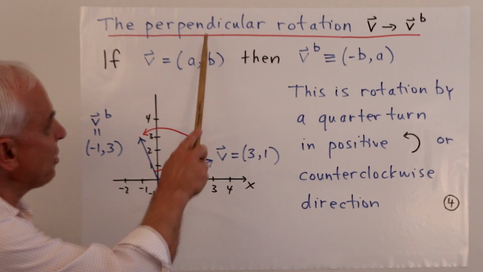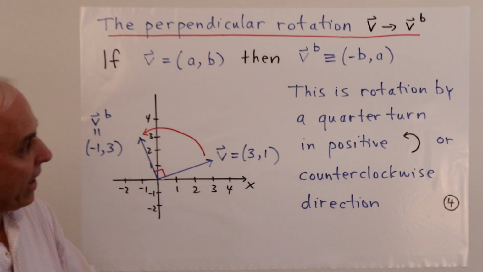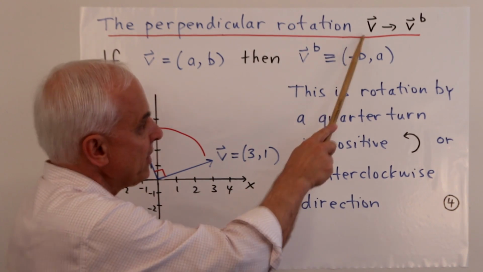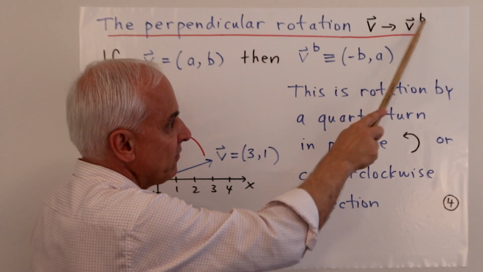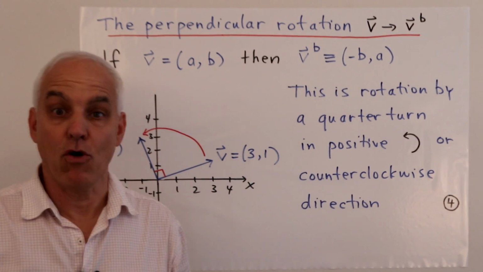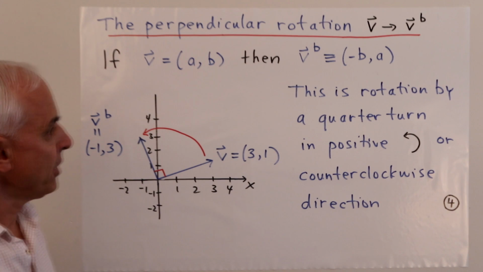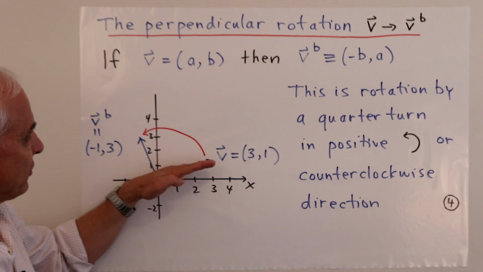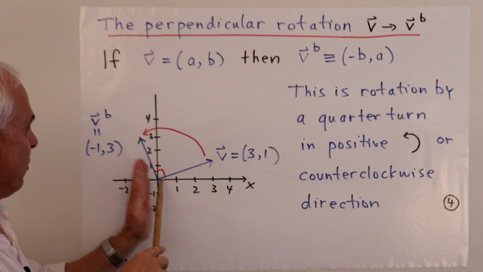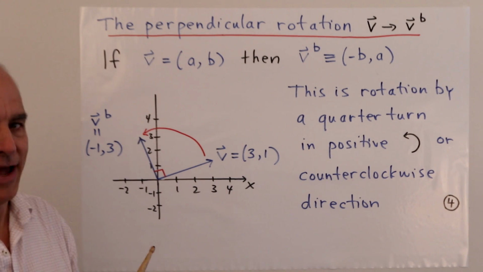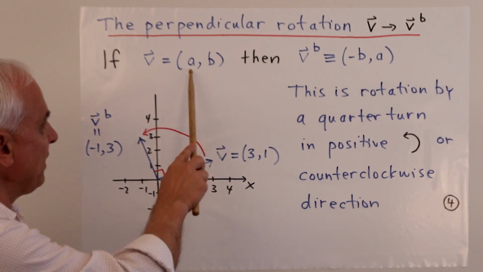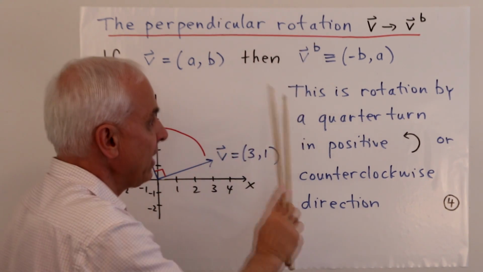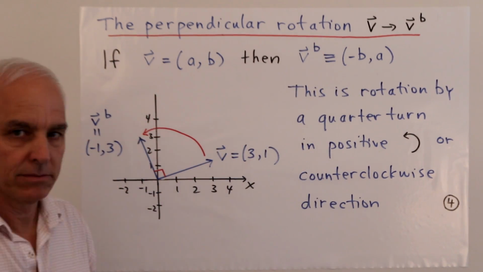Okay, so we might call that the perpendicular rotation, and I'm going to give it a particular name that takes a vector v and takes it to what we're going to say is the vector v with a superscript b over it. All right, so that's a transformation from one vector, in this case v in this direction, to vb in that direction. And what is it? Well, it's given by this formula here, that if v is (a, b), then vb is (-b, a).